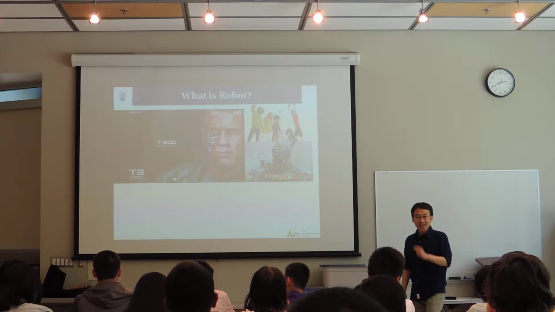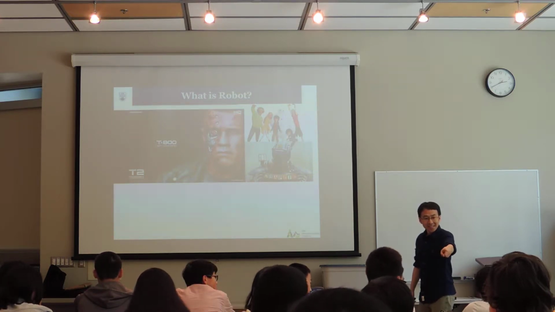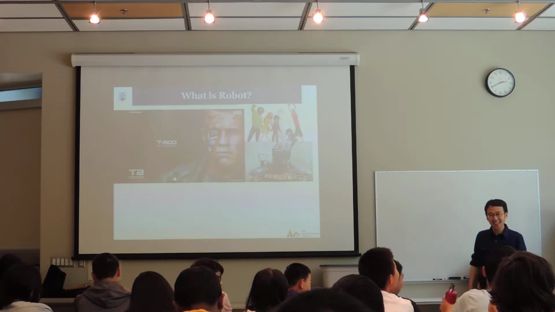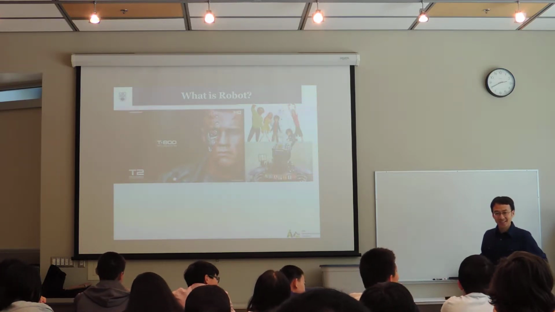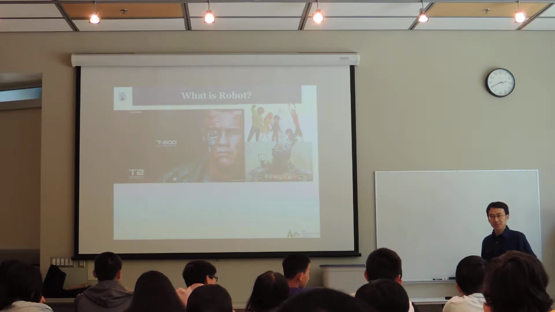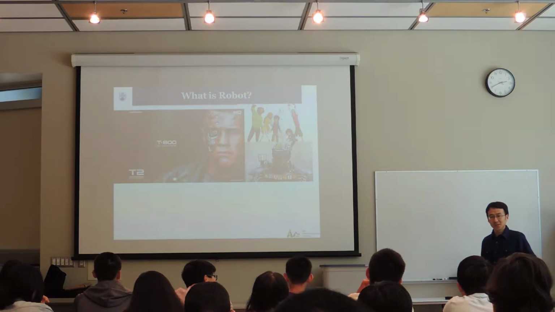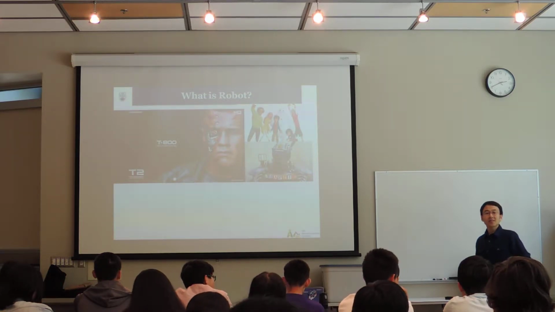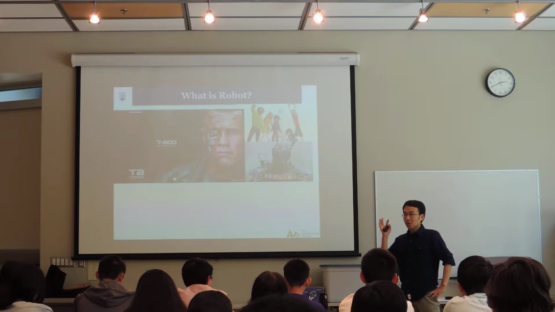Yeah, sure. Okay, maybe you. So what is a robot, you think? It's a machine that runs on a program to do certain tasks. Bravo, this is good. Yeah, this is a good answer.